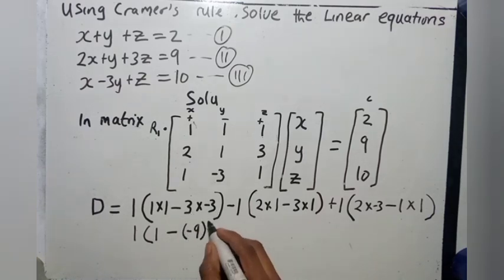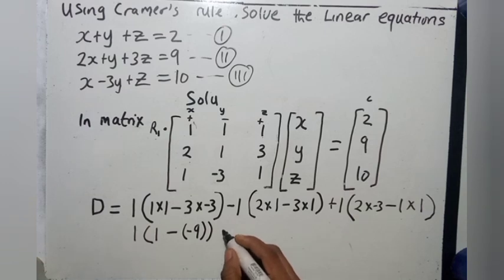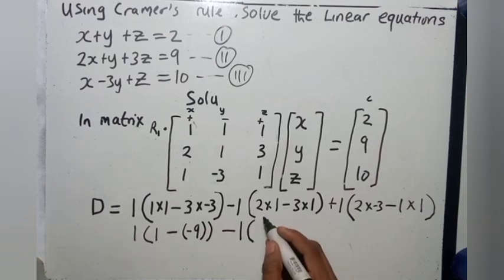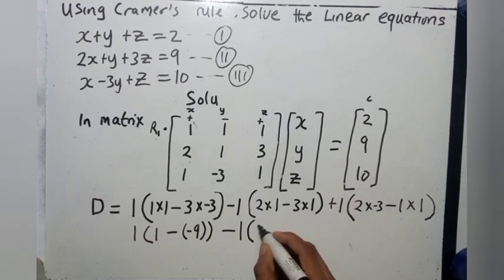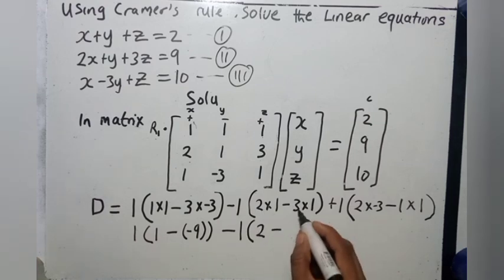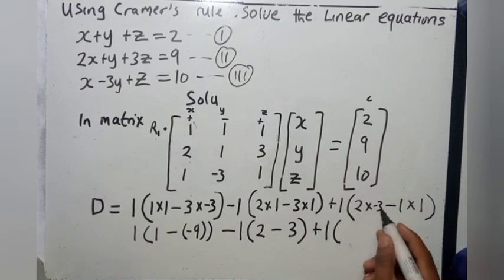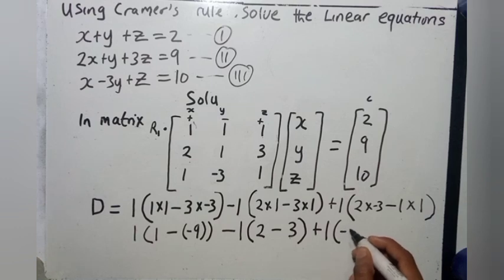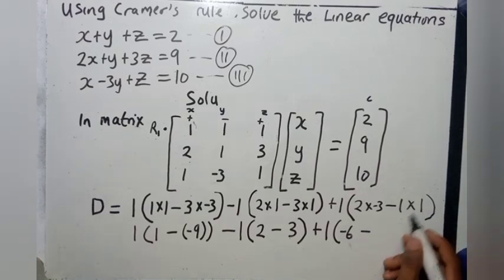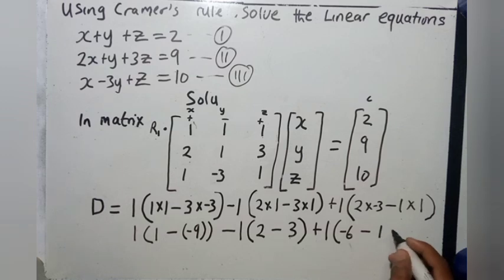Minus 9, minus 1, open bracket, 2 times 1 is what? 2, minus 3 times 1 is what? 3, plus 1, bracket, 2 times minus 3 is what? Minus 6, minus 1 times 1 is what? 1.